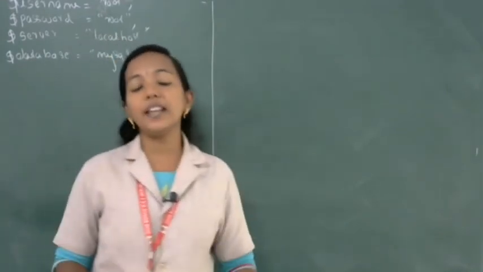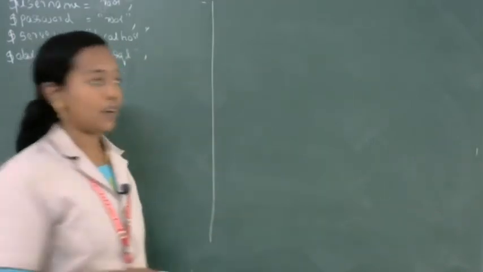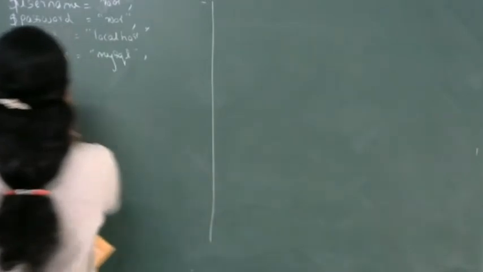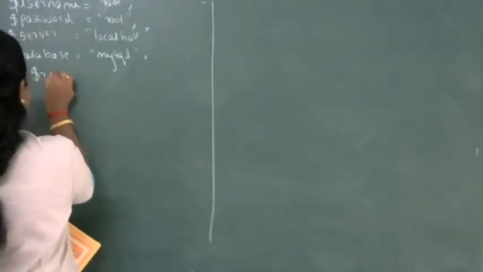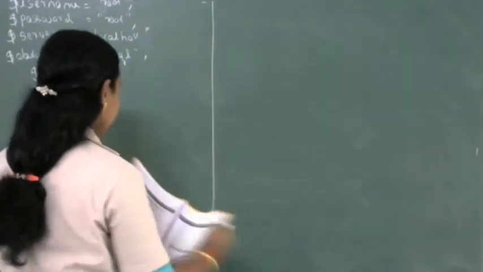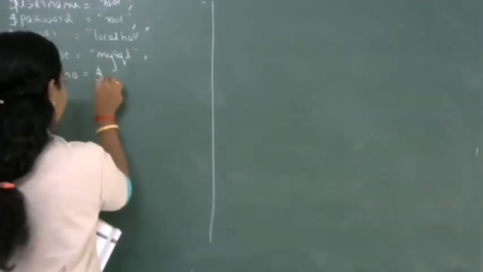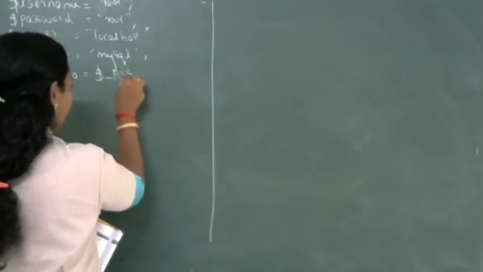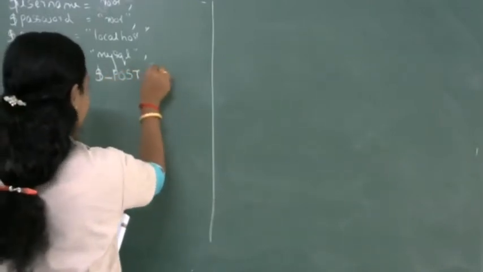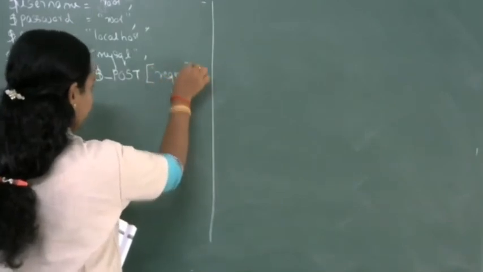And one more variable we require, for accessing the value of register number. So we can write like this: $register number is equal to $_POST of register number.